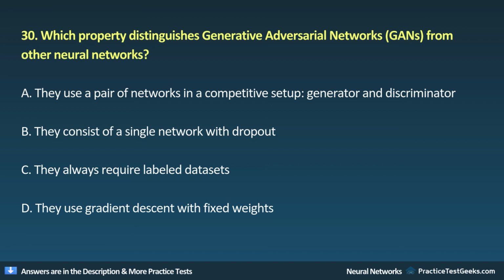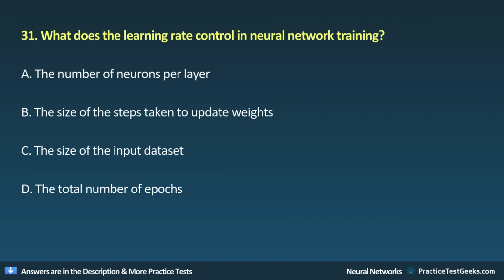D. They use gradient descent with fixed weights. 31. What does the learning rate control in neural network training? A. The number of neurons per layer. B. The size of the steps taken to update weights. C. The size of the input dataset. D. The total number of epochs.